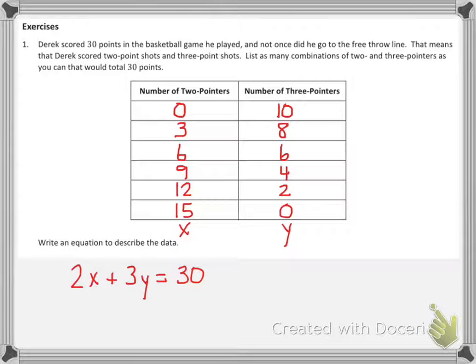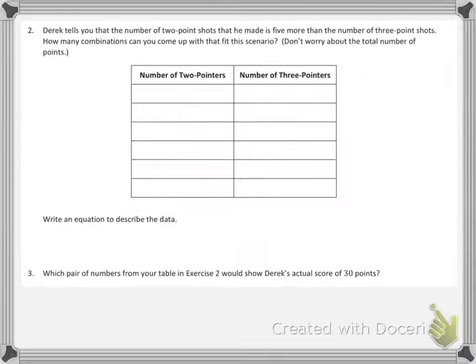All right, so now let's continue. And Derek then says that the number of 2-point shots that he made is 5 more than the number of 3-point shots that he made. And we have to come up with some combinations. Well, let's say that he made 0 3-point shots. He said that the number of 2-point shots was 5 more than that, so that would be a 5.